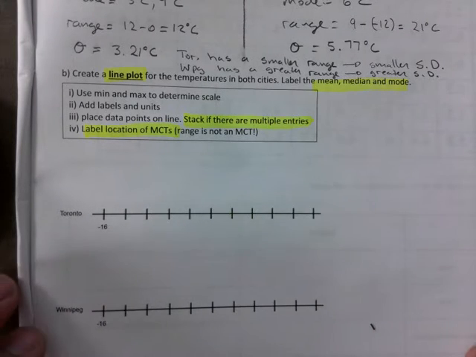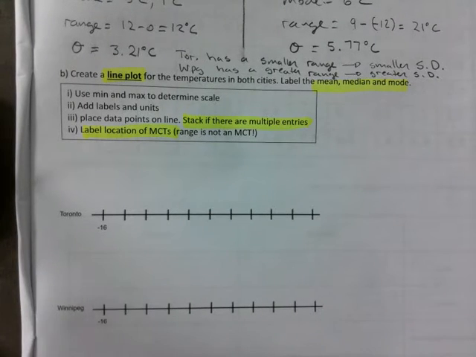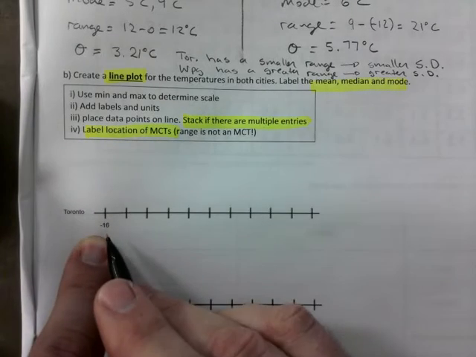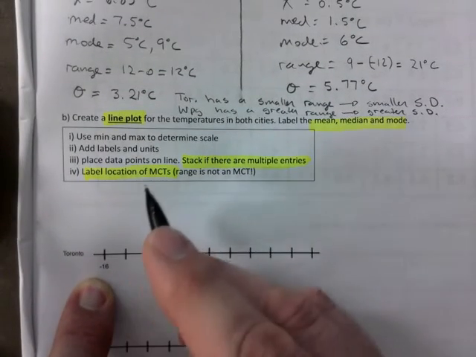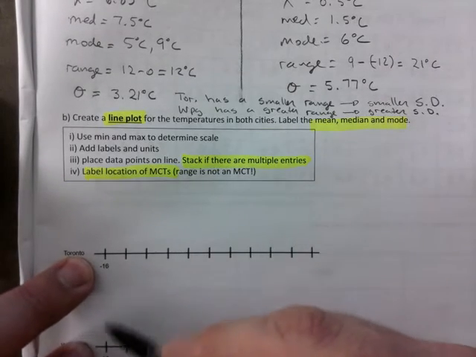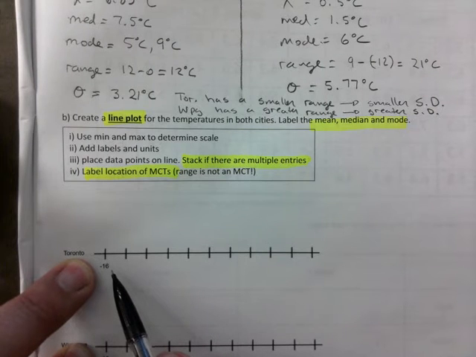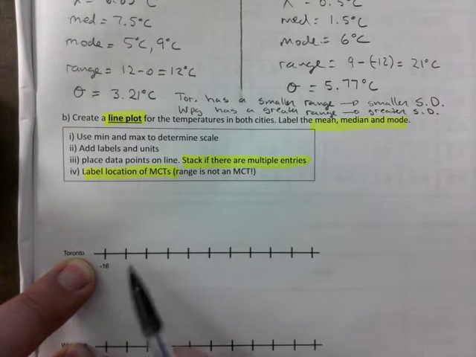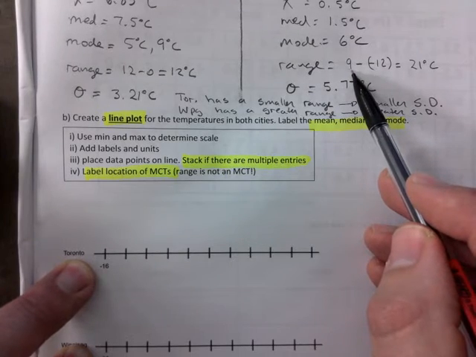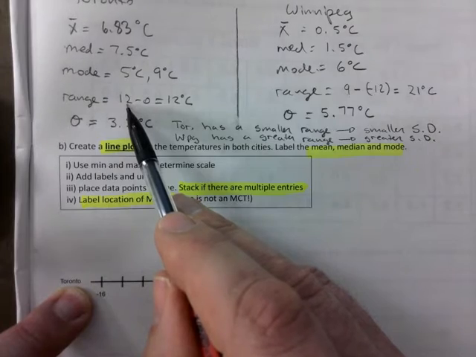And I was kind enough to get you started there, so you don't even need a ruler for this one. If you look at Toronto, I'm just starting with negative 16, so they're both the same. That's all I'm doing. But I'm going to see here, if I go up by 2s, I look at the maximum for Winnipeg, which is 9, and the maximum for Toronto is 12.